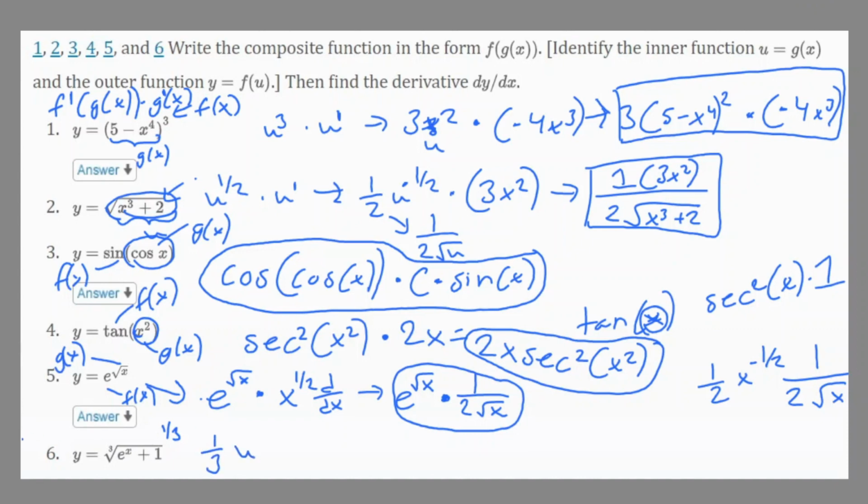1/3. Let's say u is equal to e to the x plus 1. So 1/3 u to the negative 1/3 minus 1, which is going to be negative 2/3. So 1/3 u to a negative 2/3 power multiplied by g prime of x, or rather u prime.